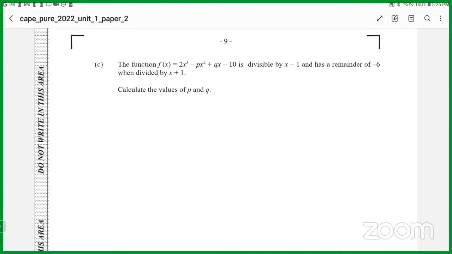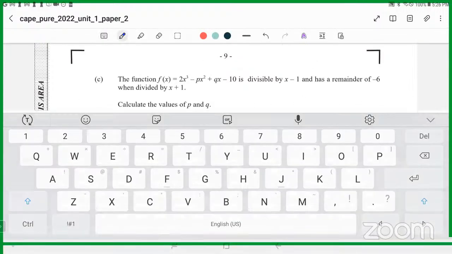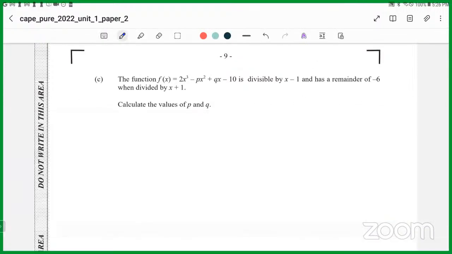So this paper on the screen right now is actually a CAPE paper. I know this class has ADMAT students in here. This is CAPE Pure Maths Unit 1. So I'm showing you that this topic is common to ADMATs and pure maths.